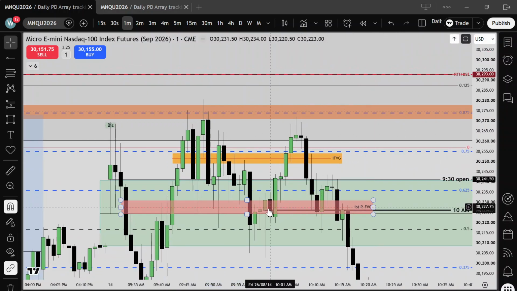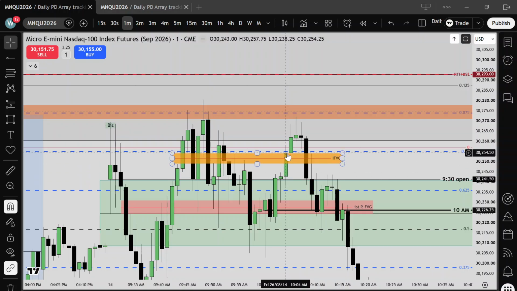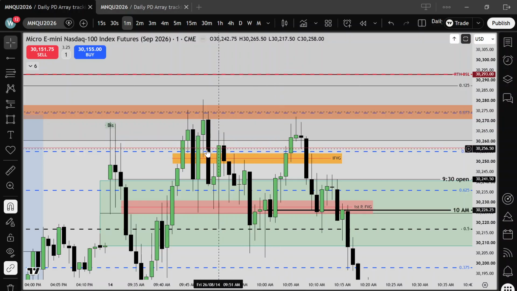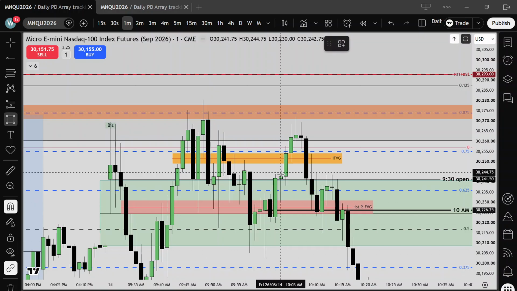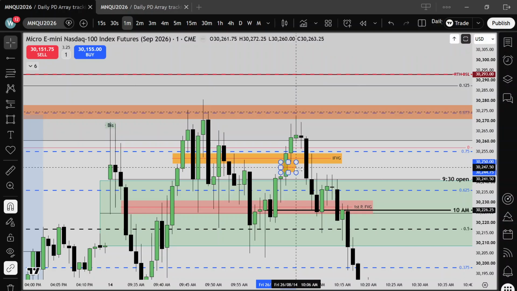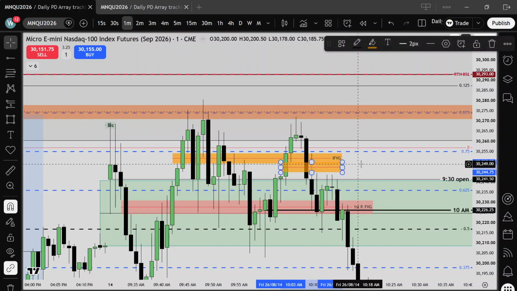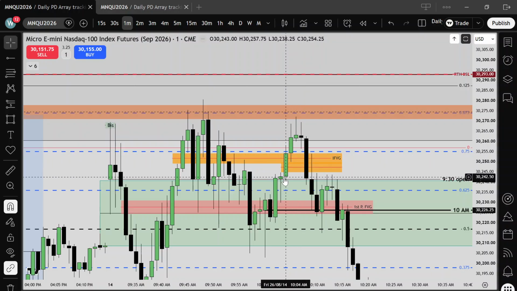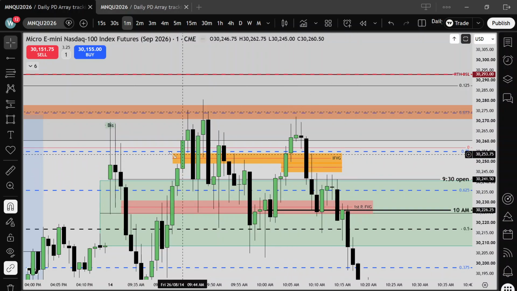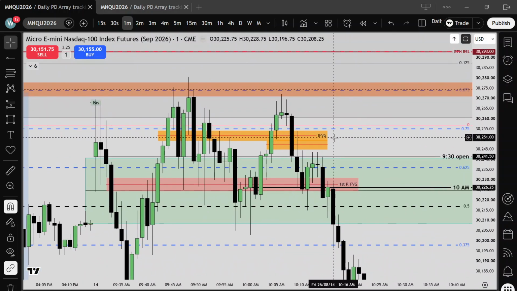Once 10 o'clock opened and rallied back up, it left another one that's laid across the same octant. So you have another inversion fair value gap right there. Oh no, that's the 9:30 open, so that's not touching the octant. So both of which are on this octant.